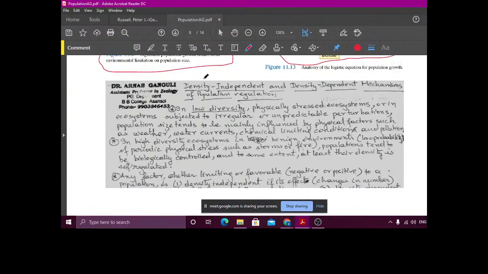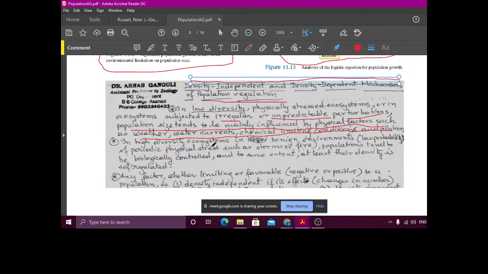Next we have density independent and density dependent mechanisms of population regulation. Now what are these? In a low diversity, physically stressed ecosystem, or in an ecosystem subjected to irregular or unpredictable perturbation, population size tends to be mainly influenced by physical factors such as weather, water currents, chemicals, and natural calamities.